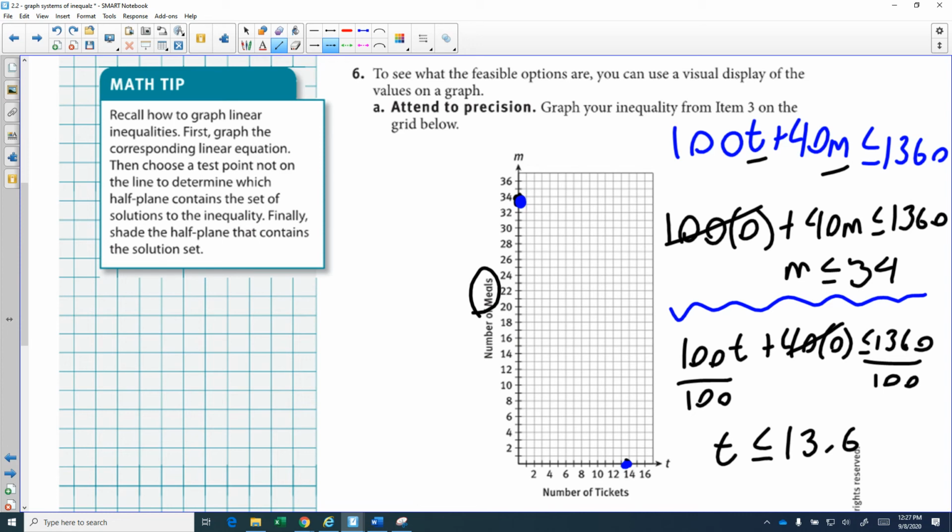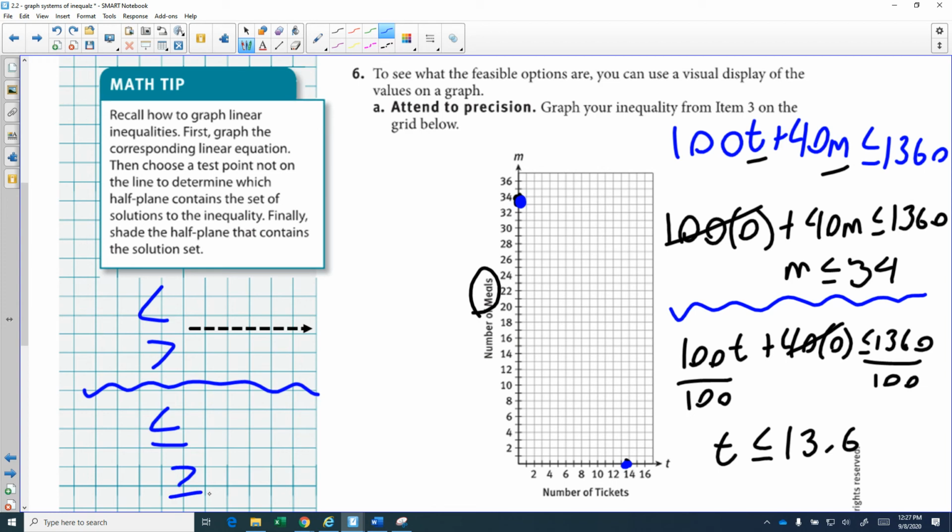But now here's the next important thing to understand. In the previous part of the lesson, we had a less than and not an equal to, and because of that, we ended up doing a dotted line because we cannot equal those values. Now, if I'm given a less than or equal to or a greater than or equal to, I'm going to use a solid line because I can actually equal those values.